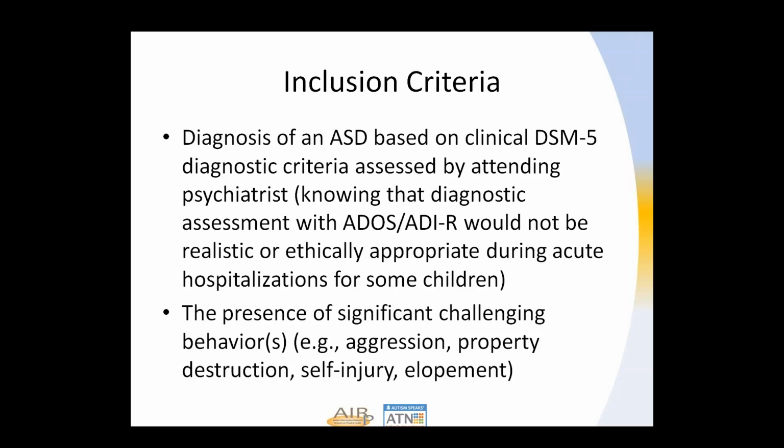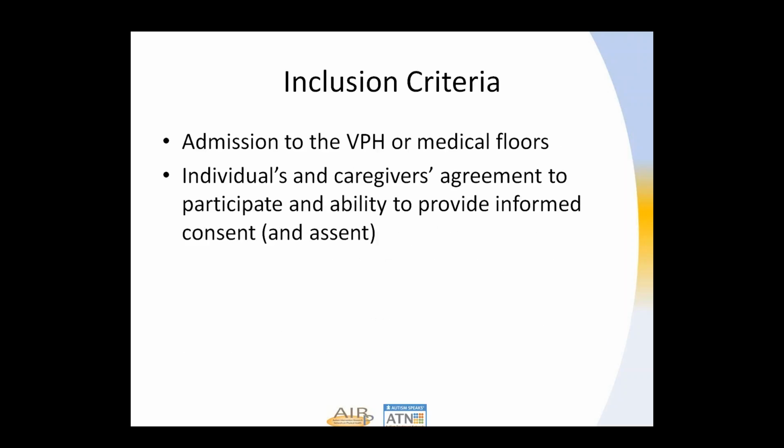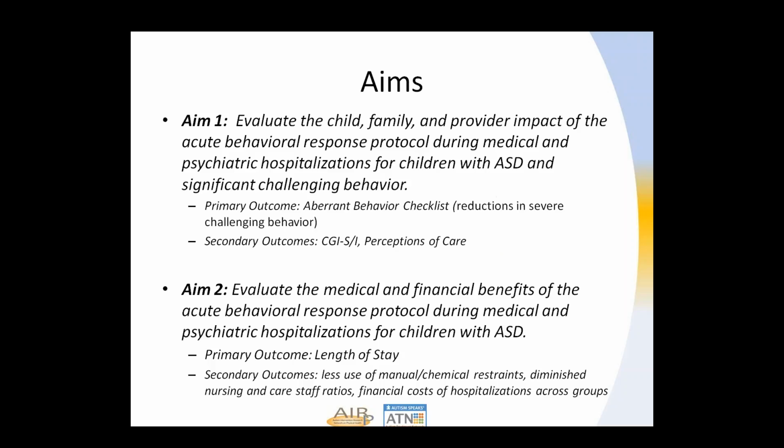We've seen kids with self-injury, a lot of elopement, escape behaviors. So it's really broad, and we've learned a lot in doing this. Again, admission to either setting, and then the parents willing to provide consent. We are asking the parents to fill out a couple of different forms and evaluations for this study, so their participation is essential.